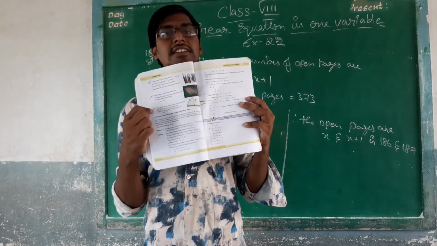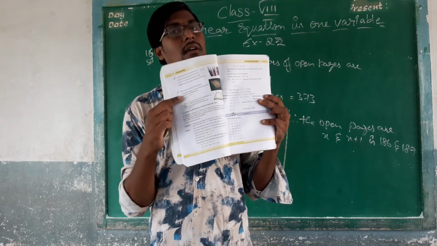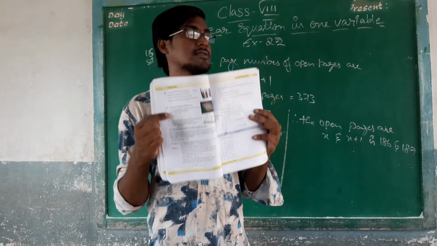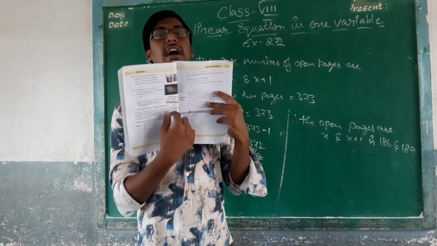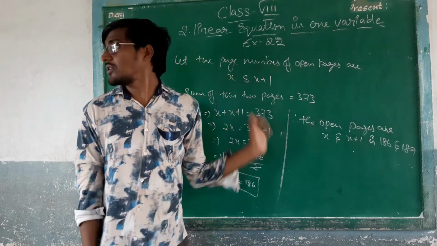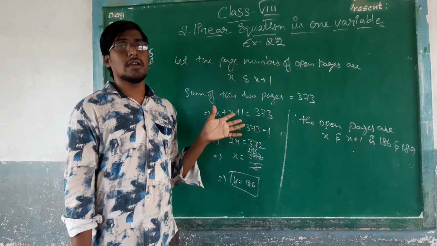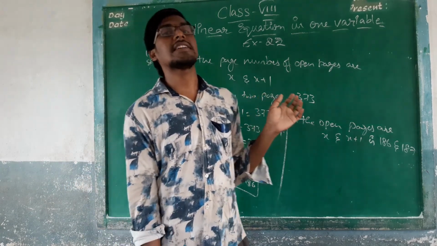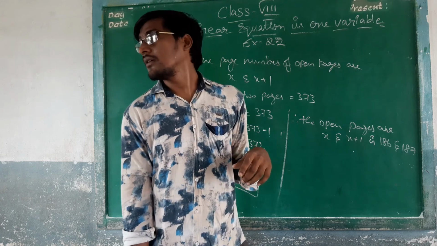If we find the x value, we can calculate the page numbers of these open pages. The page number of this open page is 186 and the other page is 187. This is about the whole of exercise 2.2. This is a very important exercise for linear equations in one variable. Okay, thank you.